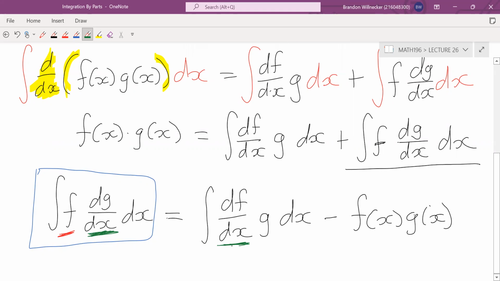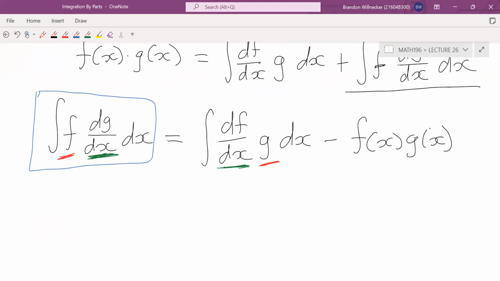So now we're differentiating f, and we have integrated g. Let's put that in red here. We had f times the derivative of g; now we have the derivative of f times g. So they've swapped, and then we have this extra term, minus f times g.